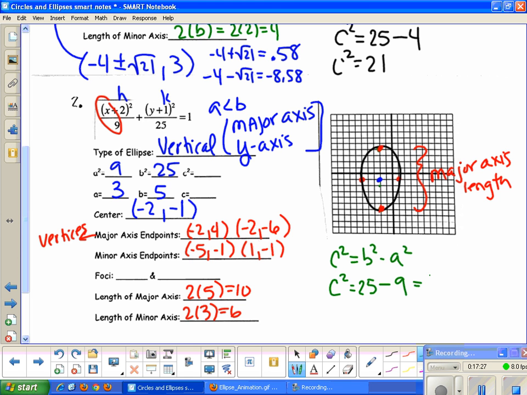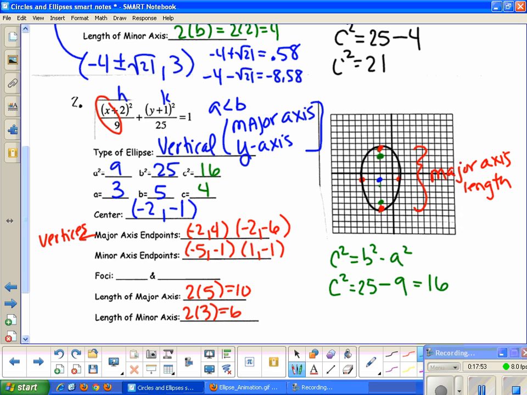And when I solve, this is equal to 16, so c squared is 16. That means that c is equal to 4. So if I go from my center, I'm going to move up 1, 2, 3, 4. So this is my first focal point, and down 1, 2, 3, 4, and that's my second focal point right there.